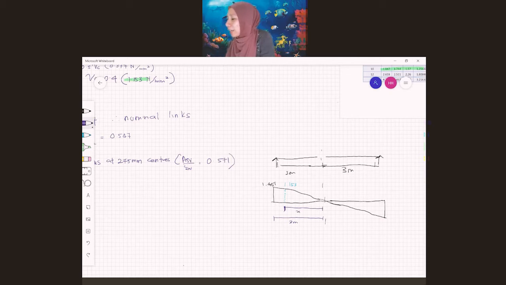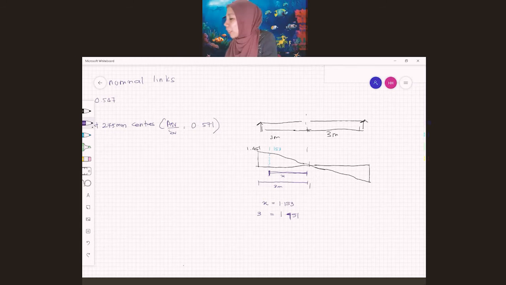X, maksudnya X ni panjang ni lah. Bila X, value of shear stress adalah 1.153. And bila 3 meter, value of shear stress adalah 1.451. Okay, what we do, kita nak cari value of X ni. So you buat je lah macam ni.